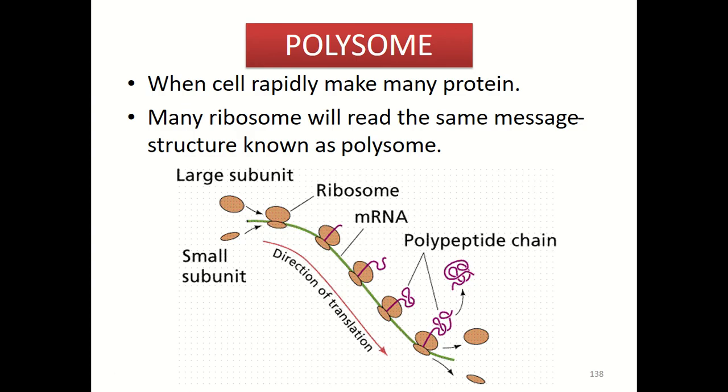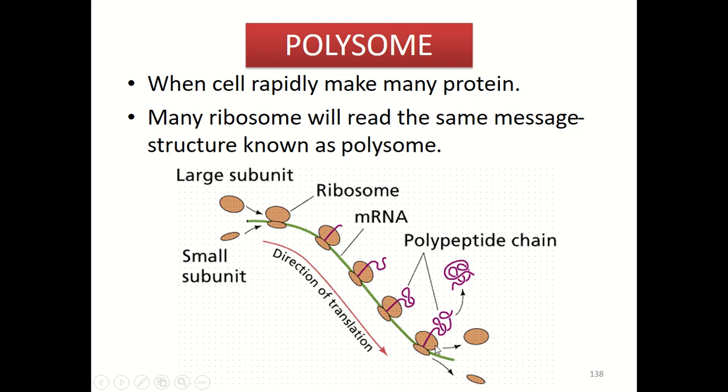Okay, and the next thing that you have to know is about the polysome. So cells sometimes make protein very rapidly due to some conditions or requirements. So many ribosomes here will read the same message. Meaning to say, we already produce the protein here, and then they will go to the next ribosome to produce the same protein, again and again.